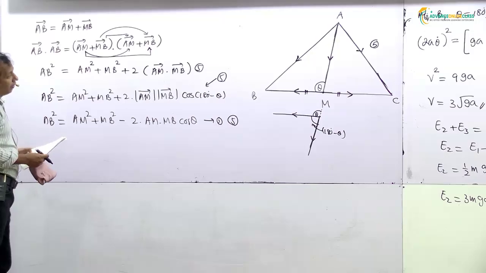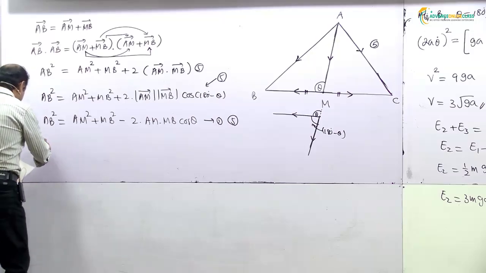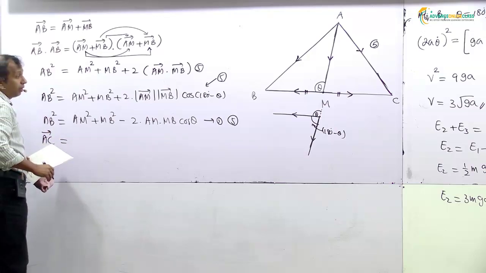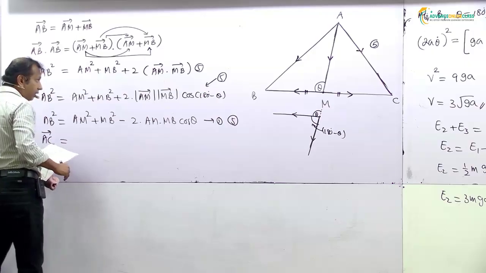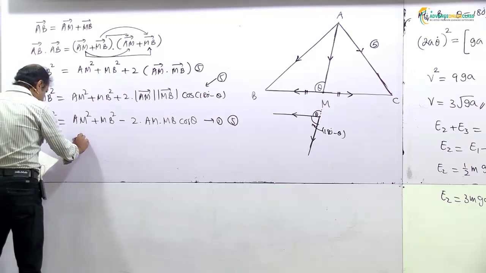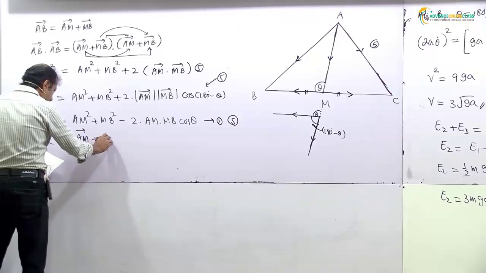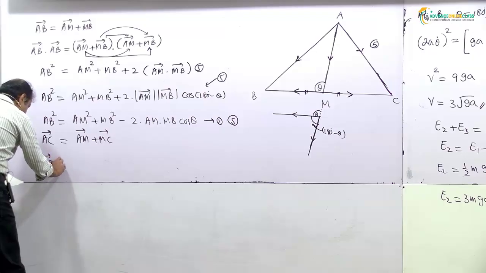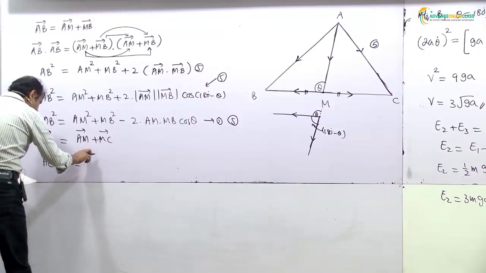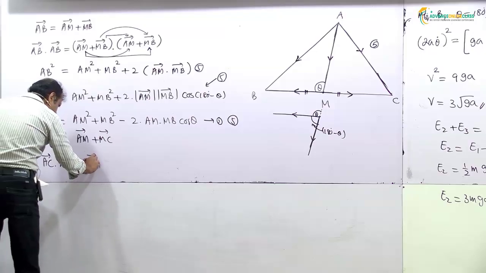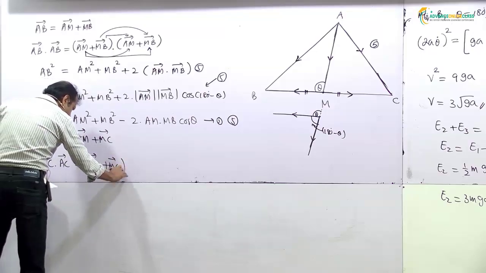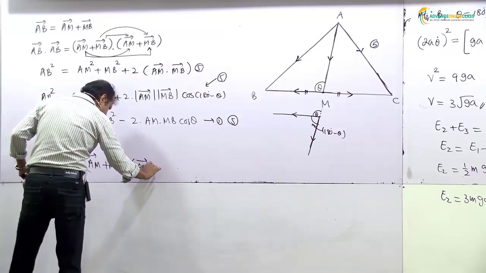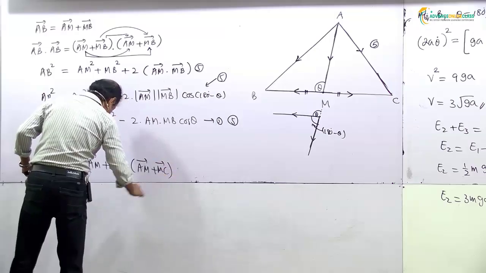Next one. AC vector I can write as AM plus MC. Now I take AC vector dot AC vector. And then right hand side, AM vector plus MC vector dot AM vector plus MC vector, like this.